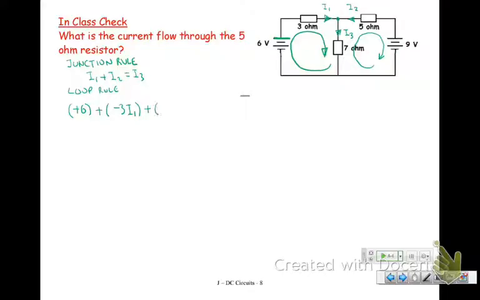And then I do my third, which is the other part of this same loop. So it's going to be a 7 ohm resistor with I3. And I say, well, my current is going downwards, and so is my loop, so that's a negative I3.